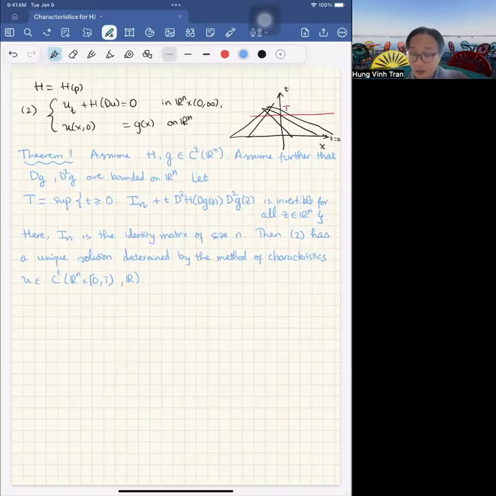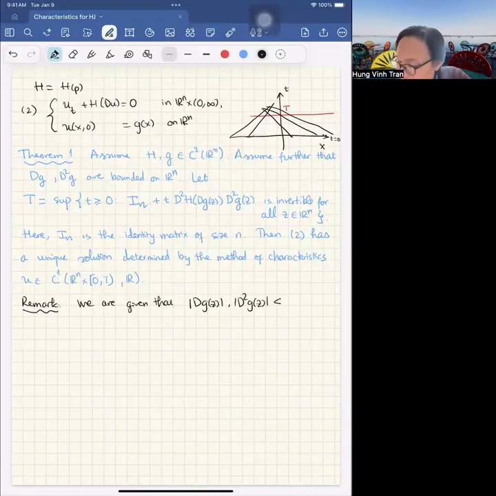Of course, it might look a little bit complicated for you, because if you first see this, it's kind of like, yeah. So let me give you a remark and then I'll give you an explanation in 1D and then we go to the proof. Okay, so a remark first. Note that we are given that DG of z and D squared G of z are bounded for all z.